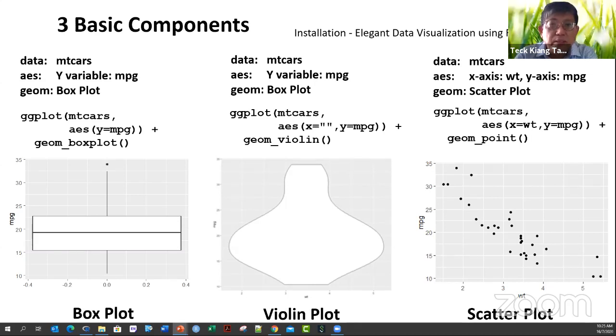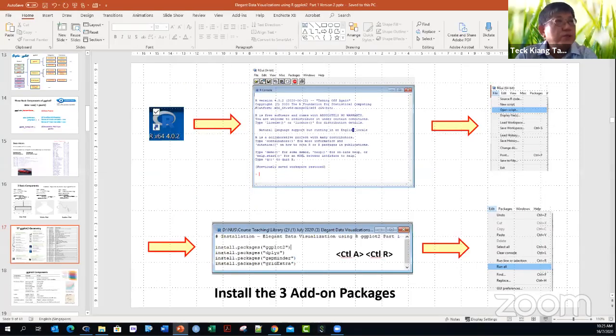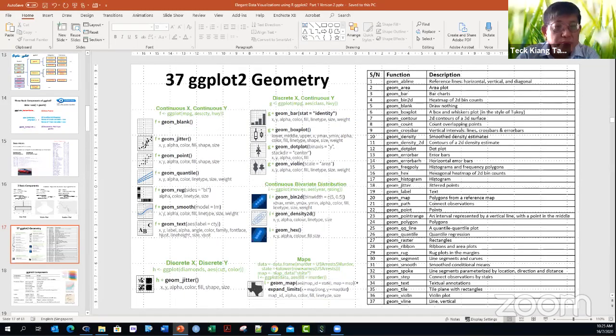If we flow it down to the next line, you also have to put a plus there. The same thing for this, because it's a scatter plot, we specify the x-axis and the y-axis. So the x is wt, the y is mpg, and then we specify geom_point to generate a scatter plot. Okay, let's go to our programs.